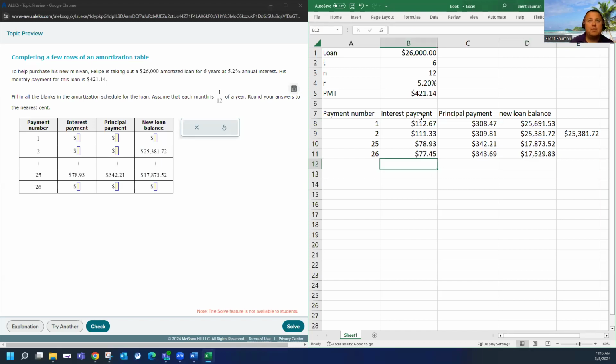Okay. So that's working with an amortization table, just so you can see what's happening as you go through the process of working through decreasing the balance. Let's go ahead and fill in our parts now and get it checked. So just be careful as you type your values over that we don't have a typo. 691.53.